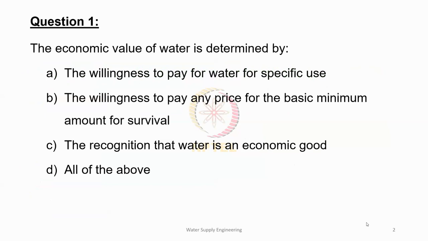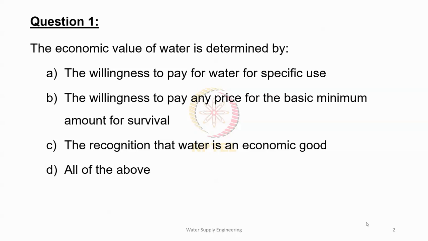Question number one. The economic value of water is determined by option A, the willingness to pay for water for specific use. Option B, the willingness to pay any price for the basic minimum amount for survival.